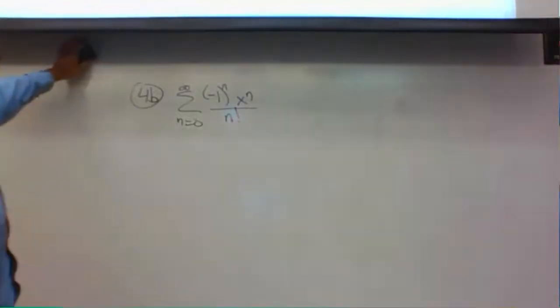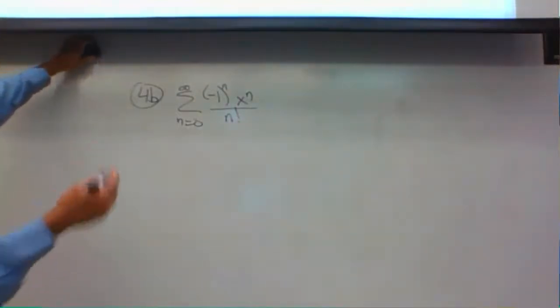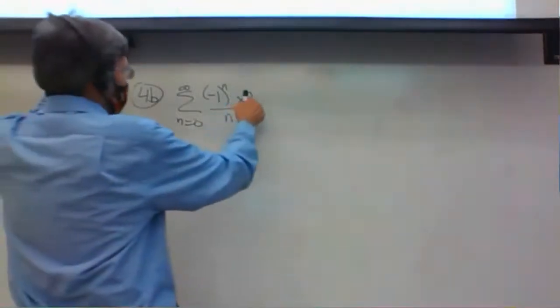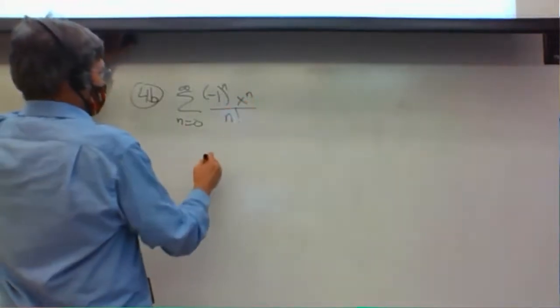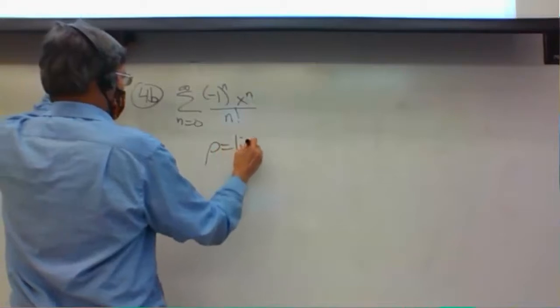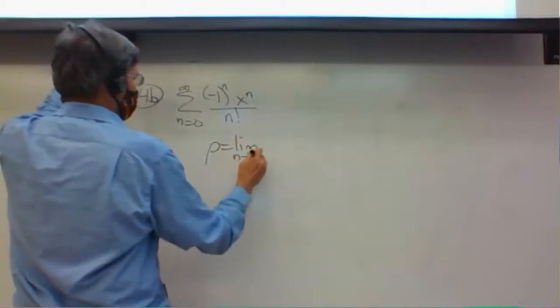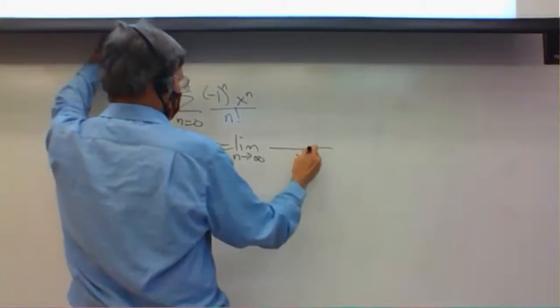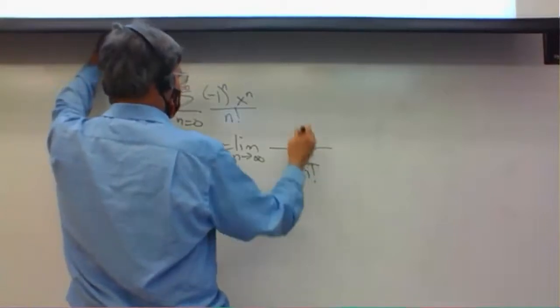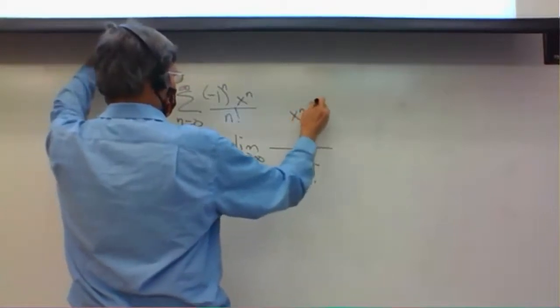Again, the ratio test is what you want to use for these power series, the ones with x minus x0 to the n in them. What I can do is take rho as the limit, n goes to infinity, with the nth term on the bottom, and n replaced by n plus 1, same thing on the top.